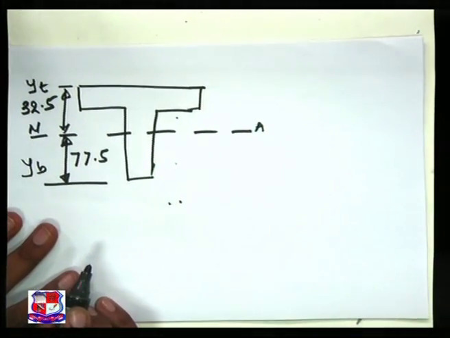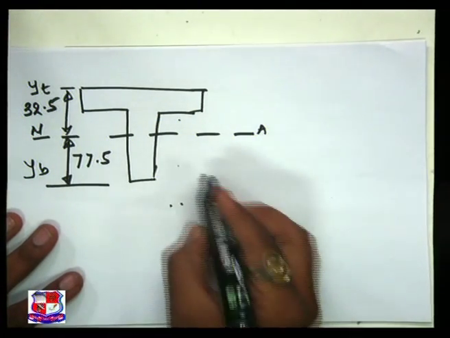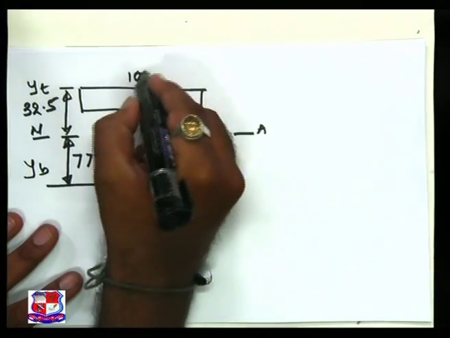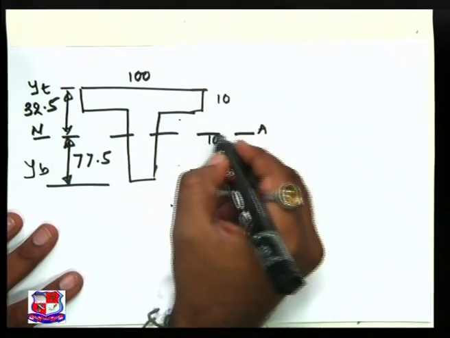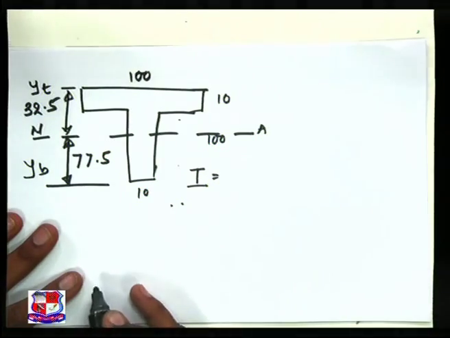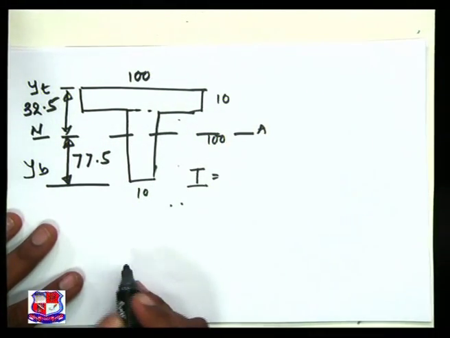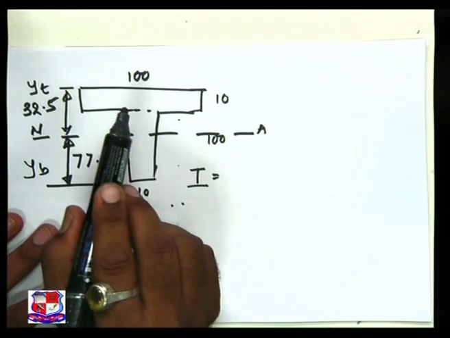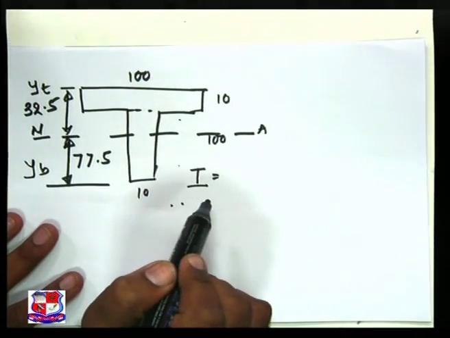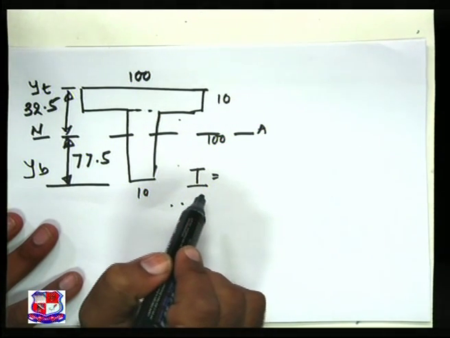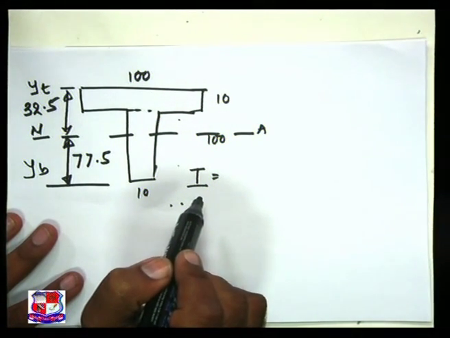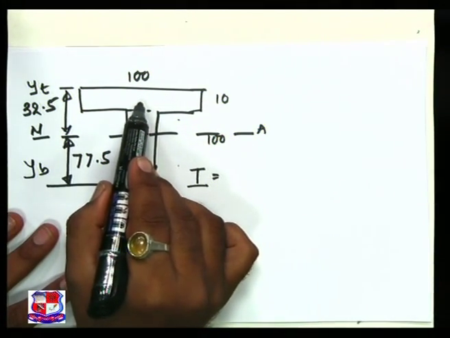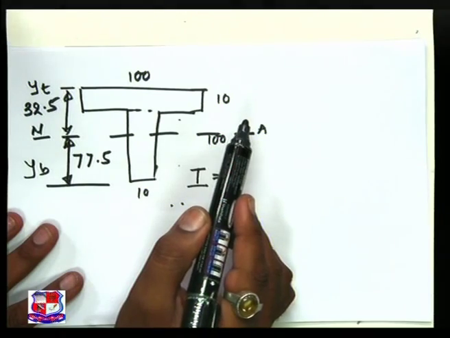So now the next intention is to find out the I value. This is 100, this is 10, this is once again 100, this is 10, as I divide it into two parts. So this is a composite section. We know how to find out I. The basic formula to find out I is the formula of the rectangular section plus A h square.